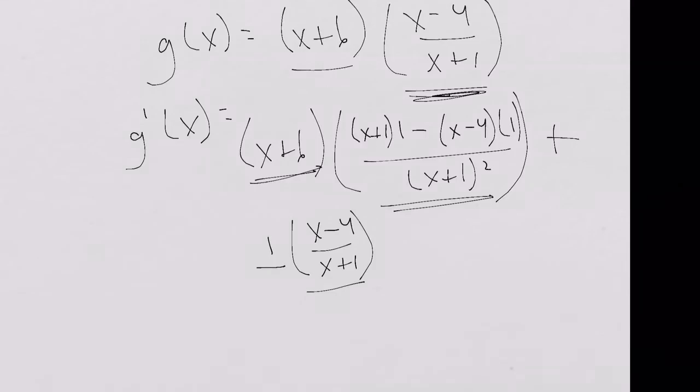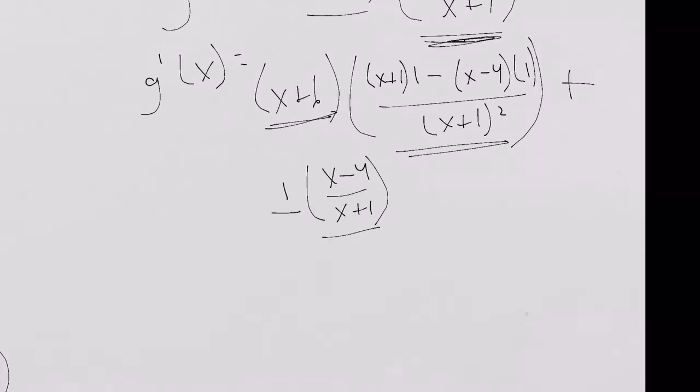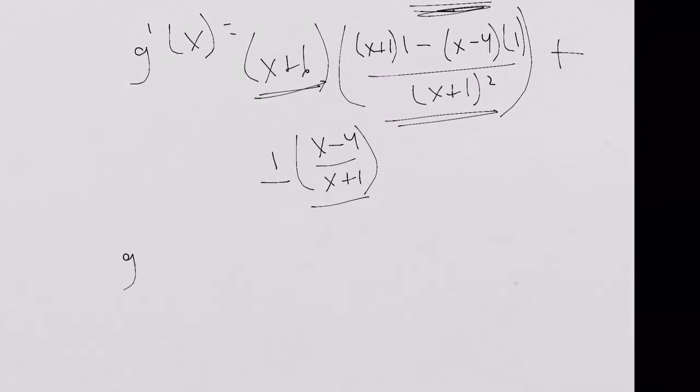This one also asked us to find the equation of the line. So I would need to plug in, I think the value they gave us was 0, which is a nice one to use for this little bit longer problem. If I plug in 0 into this, I get 6 times, that's 1 times 1 minus negative 4.